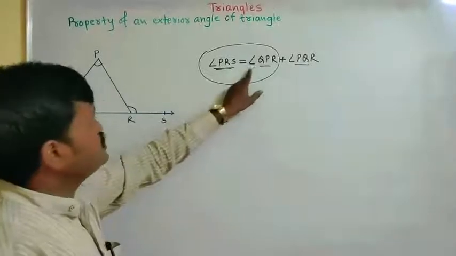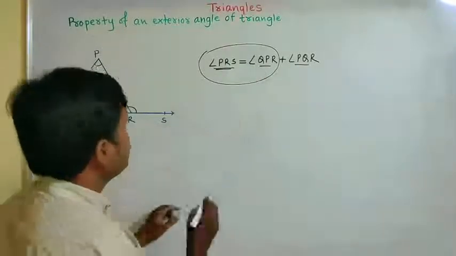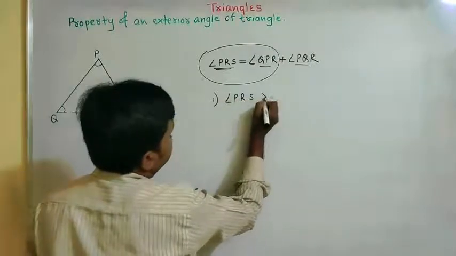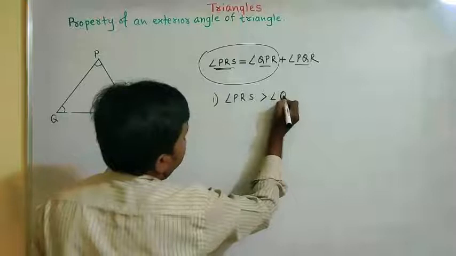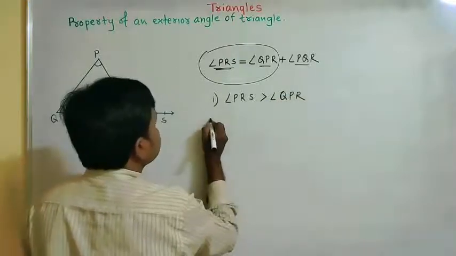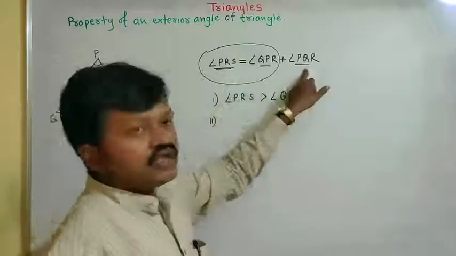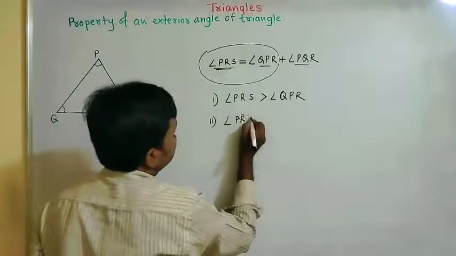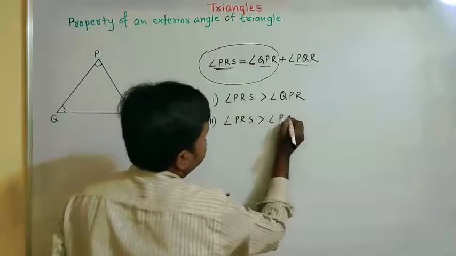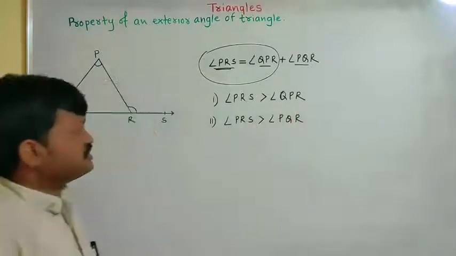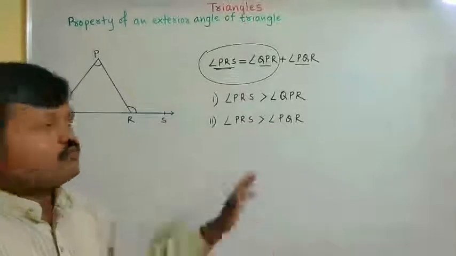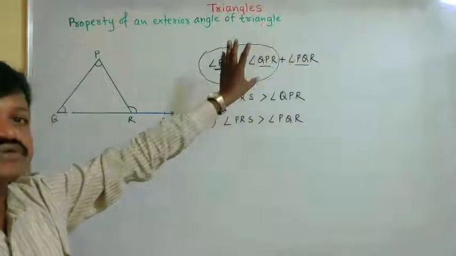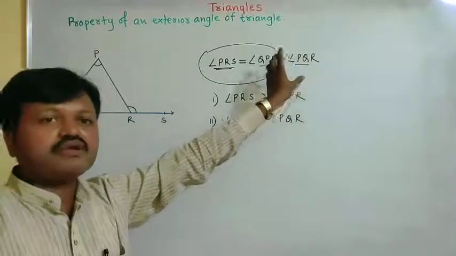Angle PRS is greater than angle QPR, and it is also greater than angle PQR. याचा अर्थ काय, जो बाह्य कोन आहे तो दूरस्थ अंतरकोनांच्या मापाच्या बेरजे इतका असतो, म्हणजे त्यातील प्रत्येक कोनापेक्षा मोठा असतो.